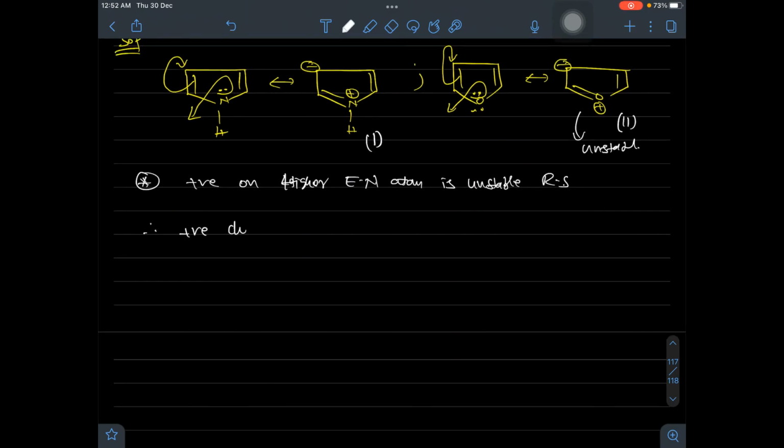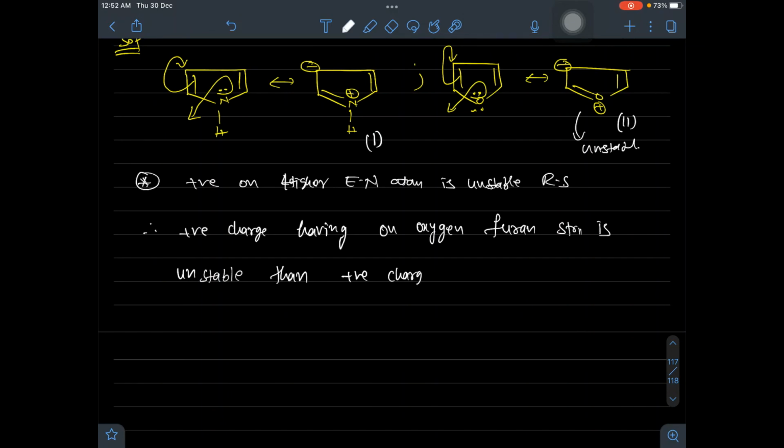The furan structure having positive charge on oxygen is unstable, then the one having positive charge on the nitrogen atom of pyrrole.